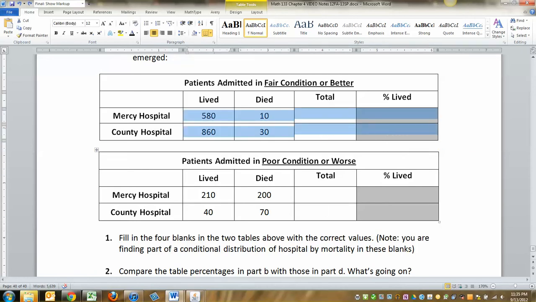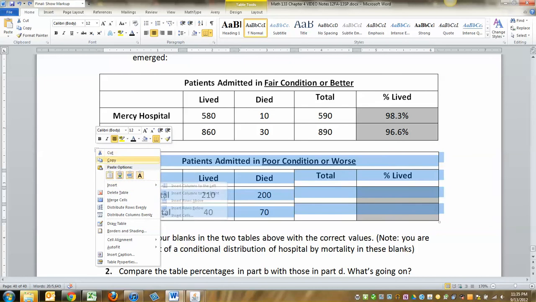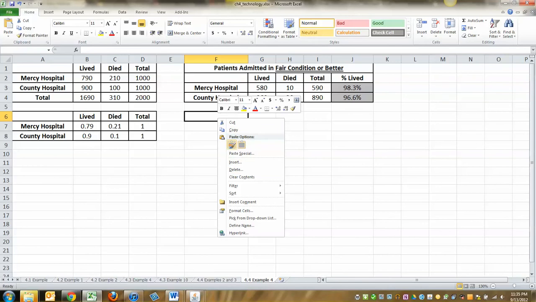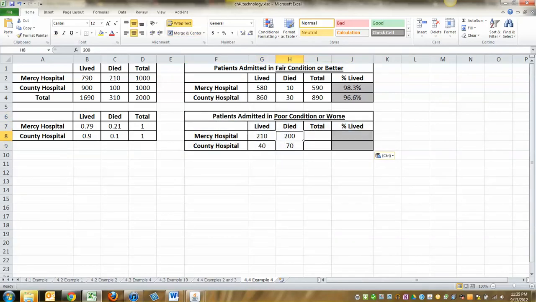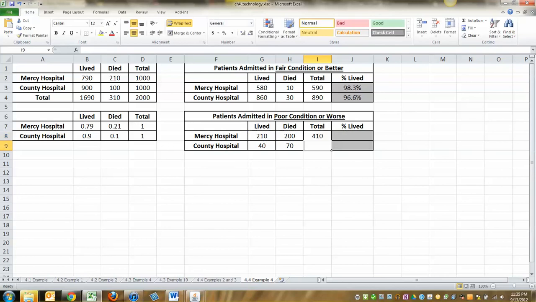But in case you don't believe me, we are going to copy the whole thing. Copy. There it is. Or you could copy this one that you already made and just put in the different numbers. That would work. Paste. Okay. So I'm going to find the sum equals sum. These two numbers. Boom.